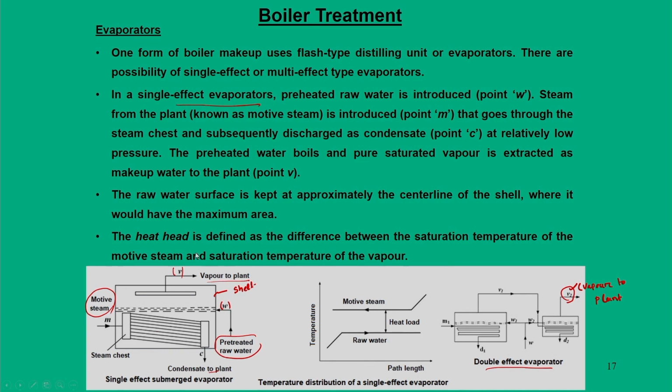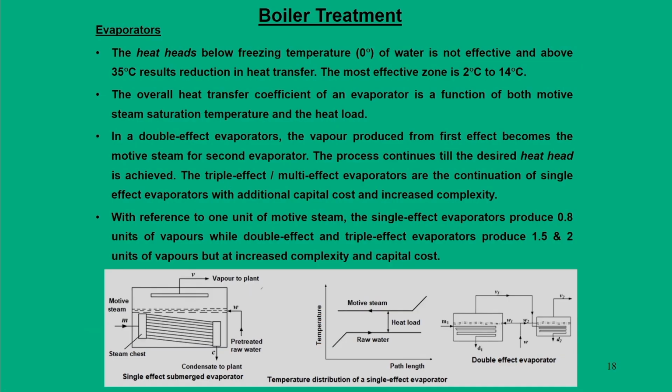By virtue of this heat head the heat load is defined, and corresponding to this temperature difference we can calculate the heat load. There are considerations that heat heads below freezing temperature are not effective, and above 35 degrees centigrade are also not effective. So, the effective zone of heat heads is 2 to 14 degrees centigrade.